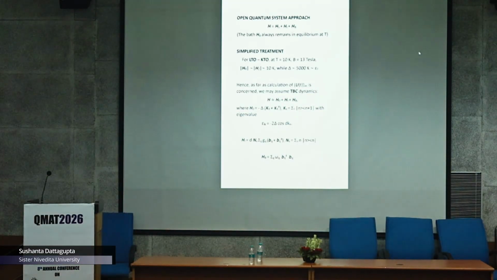Hence, for calculating the band velocities you of course need the Zeeman Hamiltonian and the Rashba Hamiltonian, but for calculating the relaxation time, it's a great simplification that you don't need to worry about them.